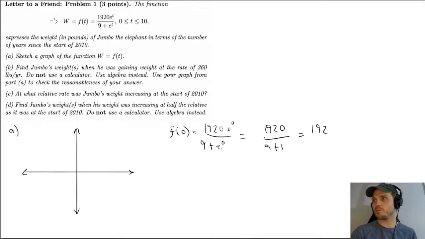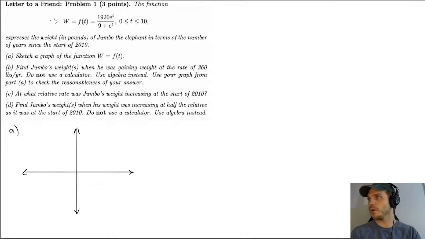And so that should be the y-intercept. So let's call that point 192 there. So that's going to be on the graph. And then you could just do another value and get a sense of where this thing is.